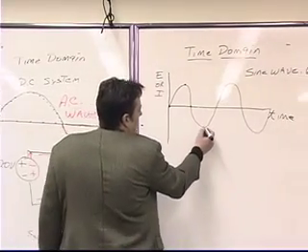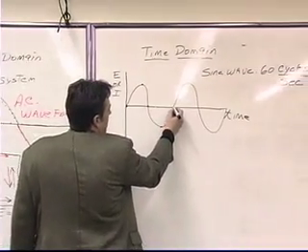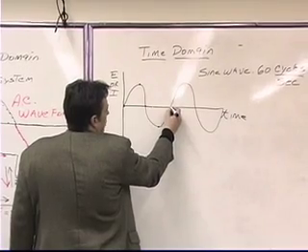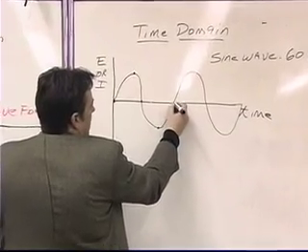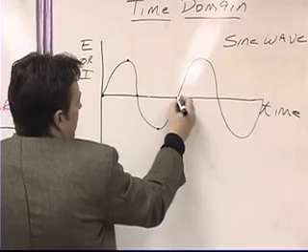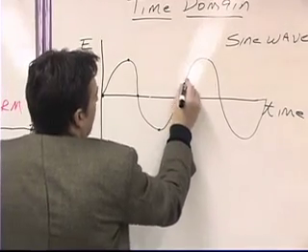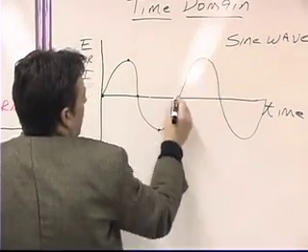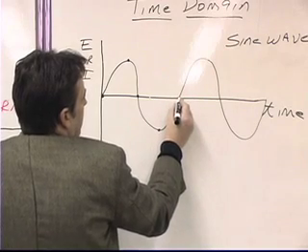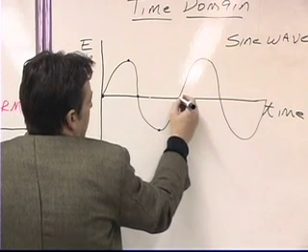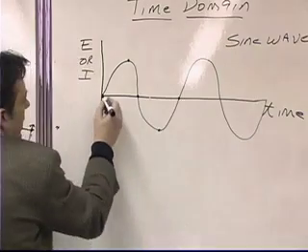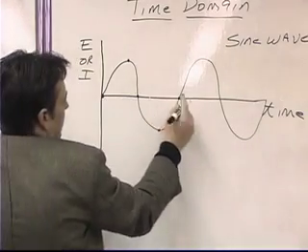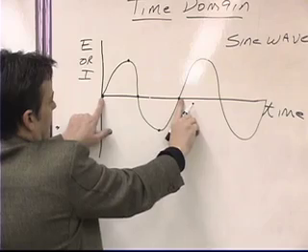Now, as we follow our waveform again and we come to our next zero crossover, we notice that our waveform is starting to head back to another positive peak. Okay? So this point right here is the point where the waveform is starting to repeat itself. Can you see that?